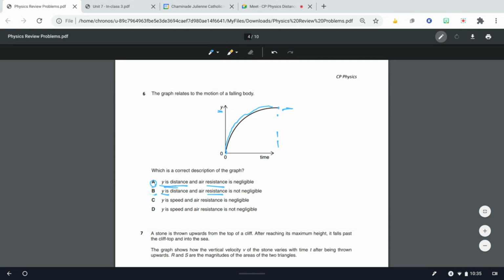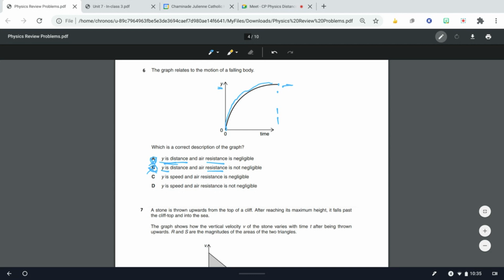So A and B are incorrect options. Now, y is the speed, so you're only left with C and D. Air resistance is negligible, which means there's no drag, and because gravity is acting on you, your graph would be a straight line. So option C is not correct either.